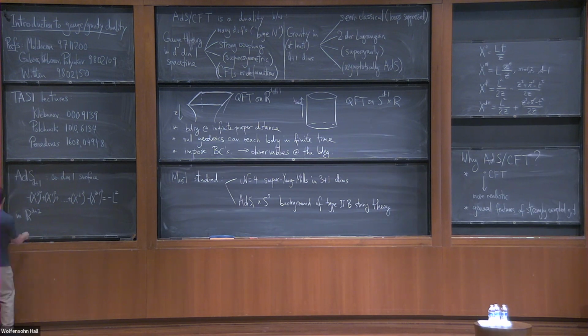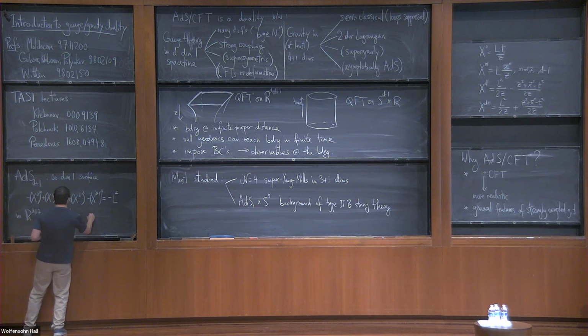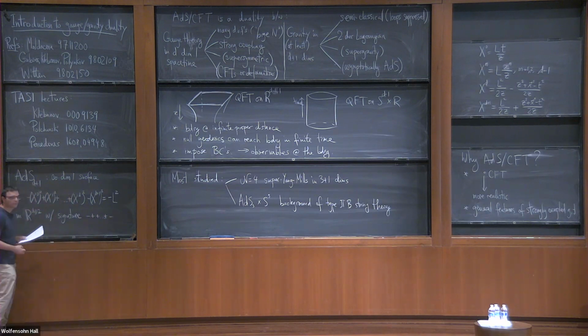Oh, sorry, it's R. It's in a space with d+2 dimensions, but with signature with 2 negative directions, 2 time-like directions, and the rest space-like directions, with a signature that matches the signature in the quadratic form in the definition of the hyperboloid. So minus, and then all pluses, and then the last one is minus.